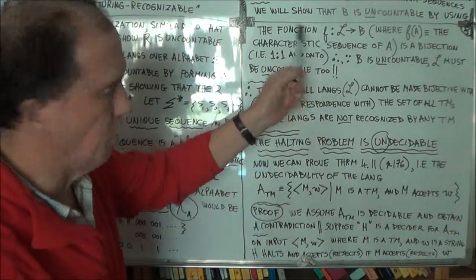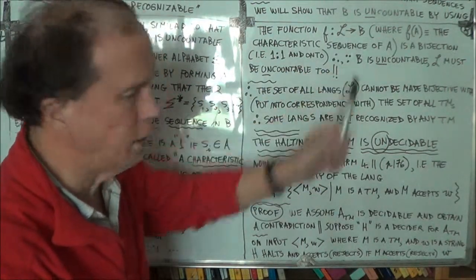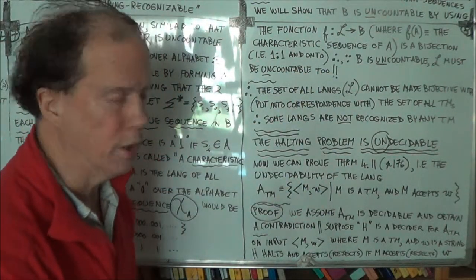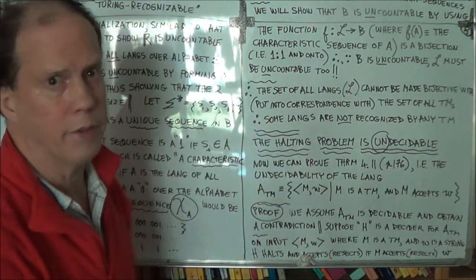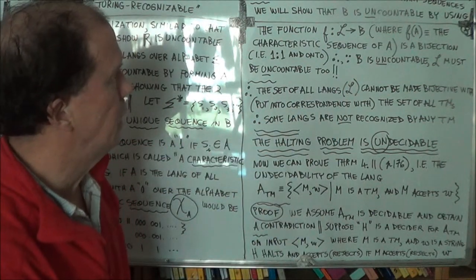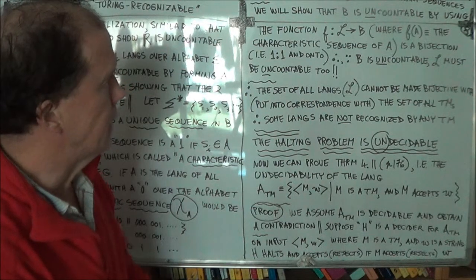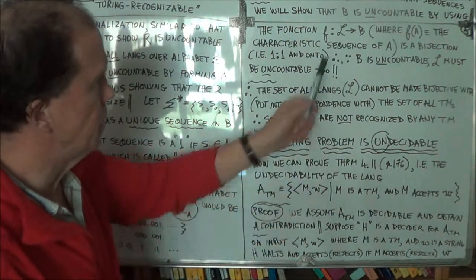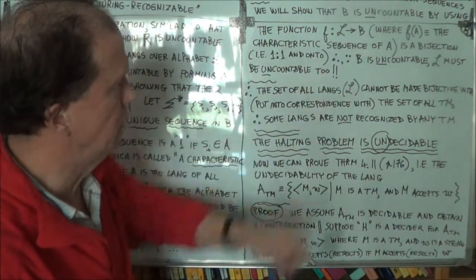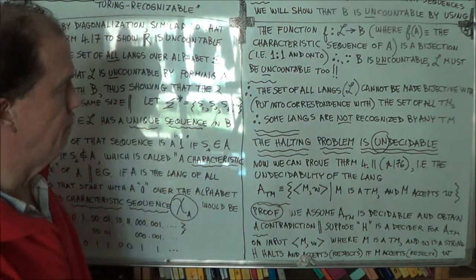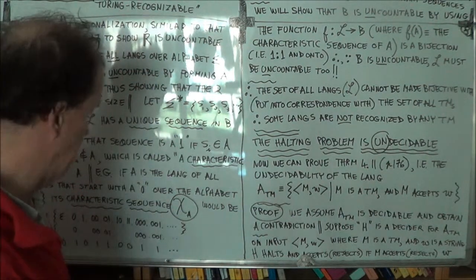Now we're trying to show that there's a bijection between L and B, and we know that B is uncountable. Therefore, L would have to be uncountable. So assume a function that maps a set of languages into B, a set of infinitely long binary strings.